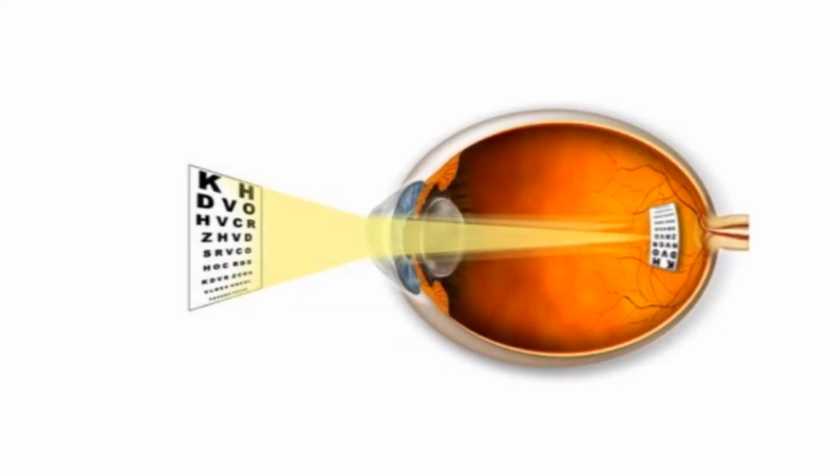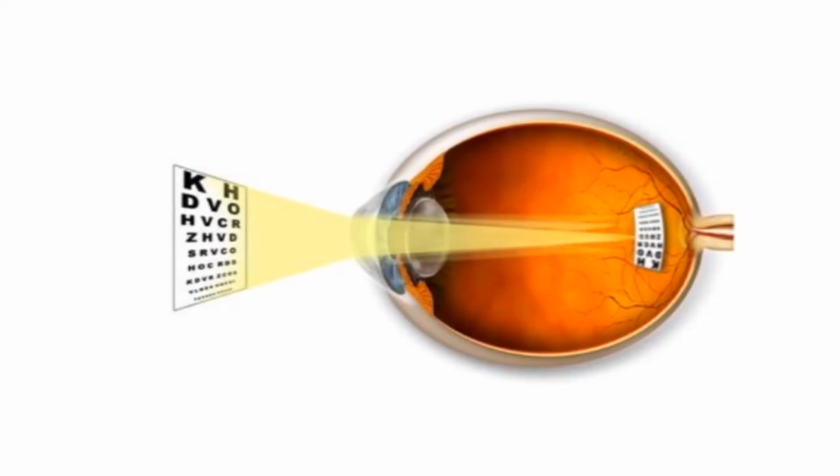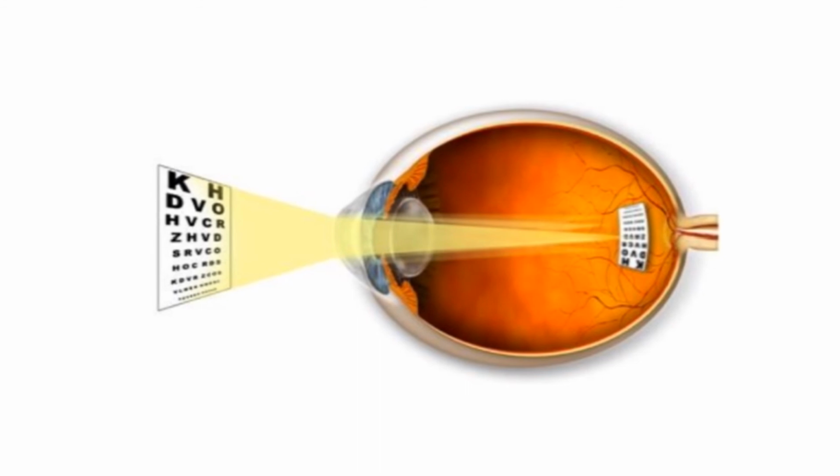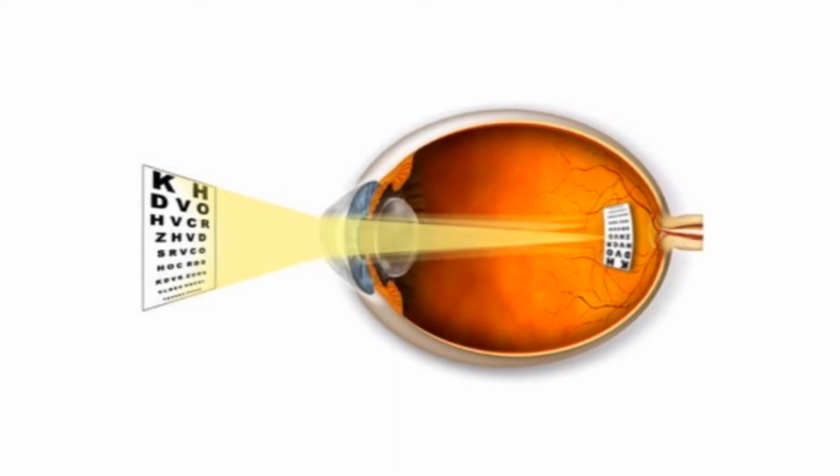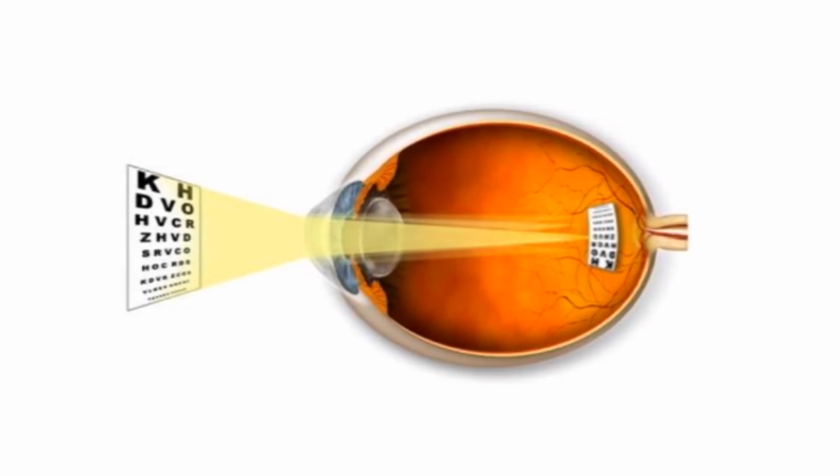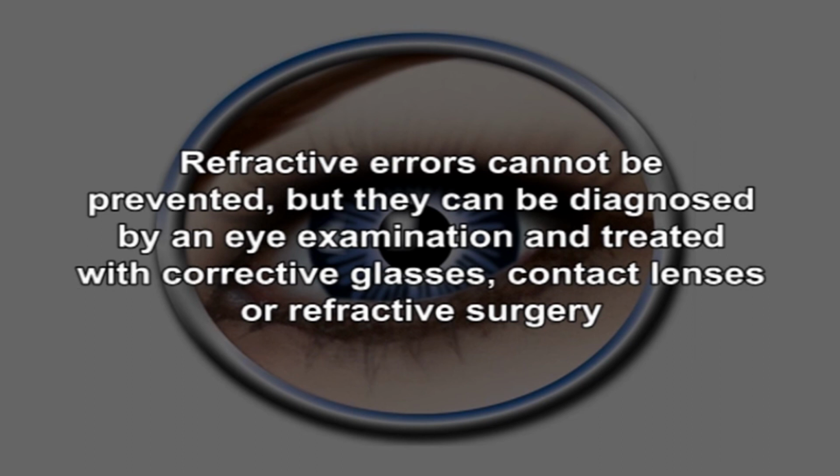It differs from the other disorders in that it is linked to aging and occurs almost universally. Refractive errors cannot be prevented, but they can be diagnosed by an eye examination and treated with corrective glasses, contact lenses, or refractive surgery.